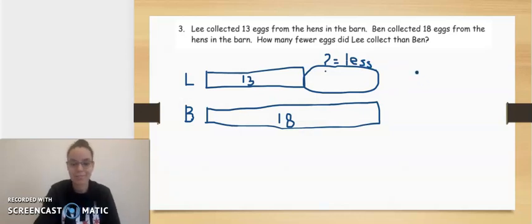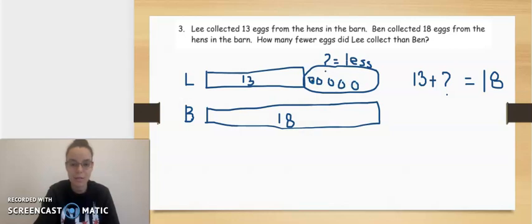Then, for this one, I'm also going to count on because it looks like it might be easier because these numbers are really big. So I'm going to go ahead and write 13 plus something equals 18. To help me solve this problem, I'm going to actually just draw some circles and count on. 13, 14, 15, 16, 17, 18.